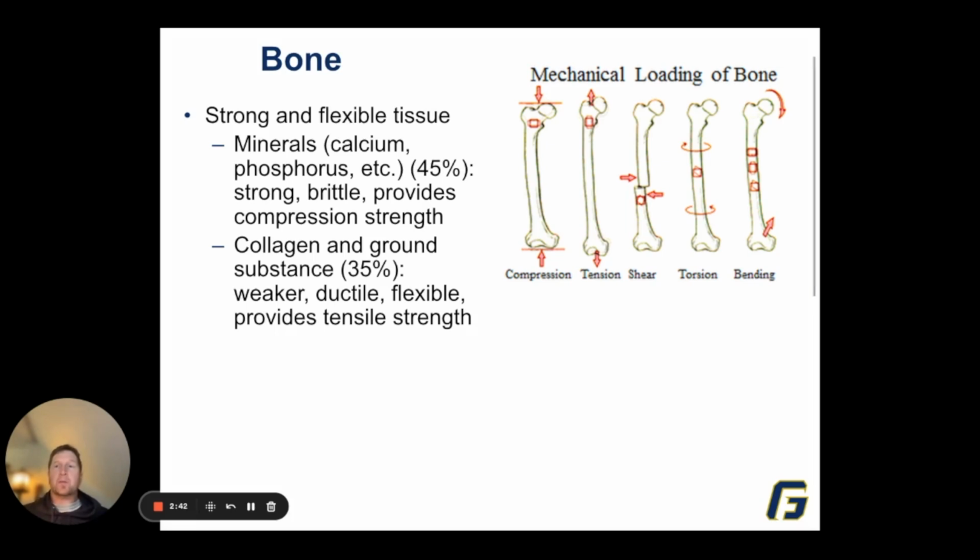They're composed of about 45% mineral content, and the two primary minerals comprising our bones are calcium and phosphorus, but there are others. It makes them really strong, but that mineral component is what creates some of the brittleness, not having a lot of give because of that mineral structure.